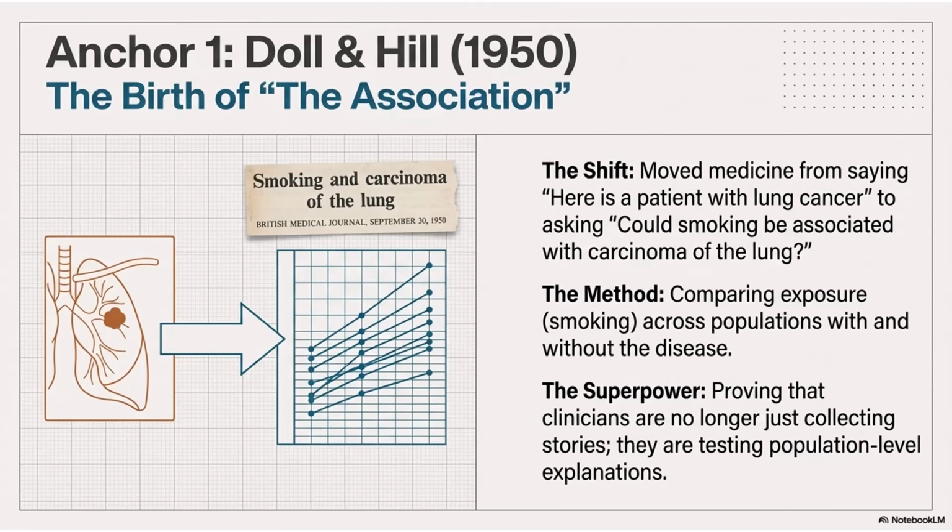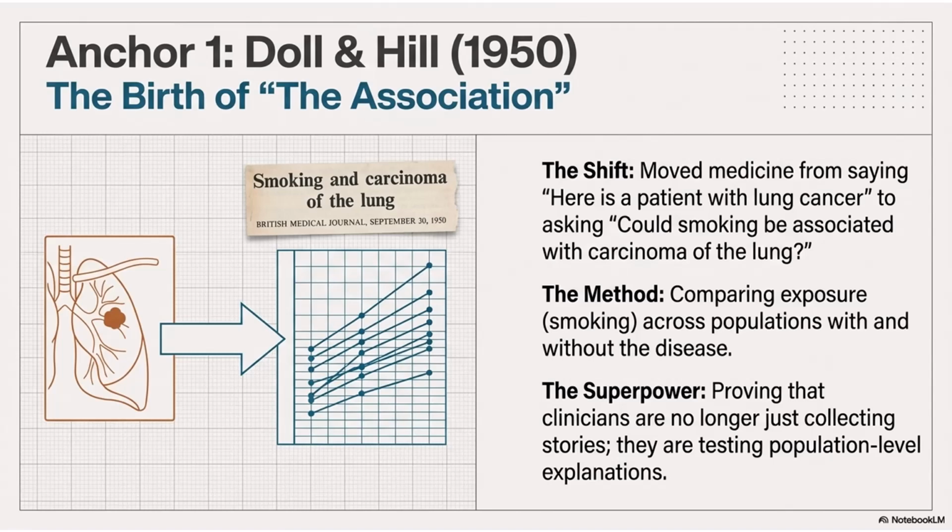Because today, if a disease suddenly increases, we immediately ask what changed in the population, what exposure became more common, what behavior or environment or occupation or treatment might be linked to the outcome. Back then, this way of thinking was still developing.